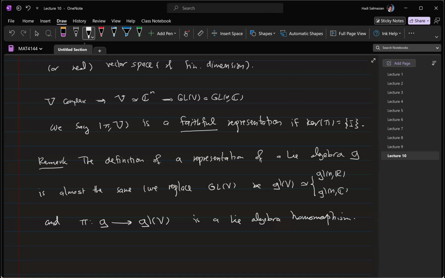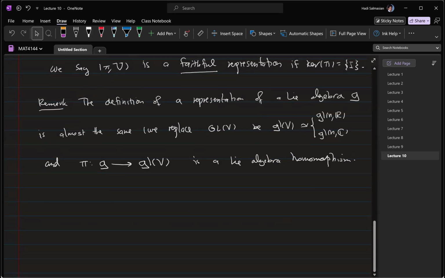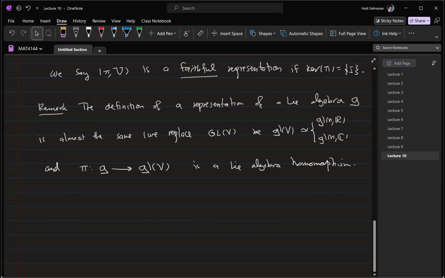All right. So maybe I give one more definition and then I give some examples. A subspace W of V is called invariant. It could be either G-invariant or g-invariant, depending on whether you want a group representation or a Lie algebra representation.